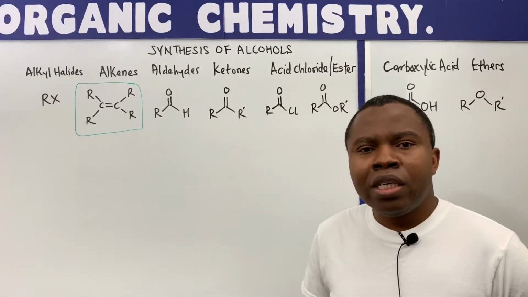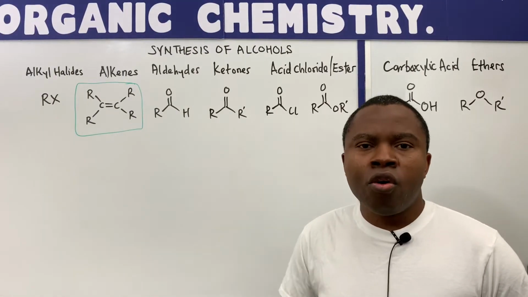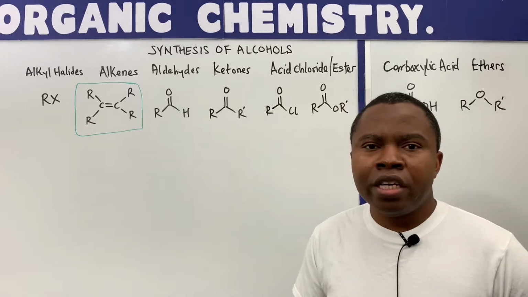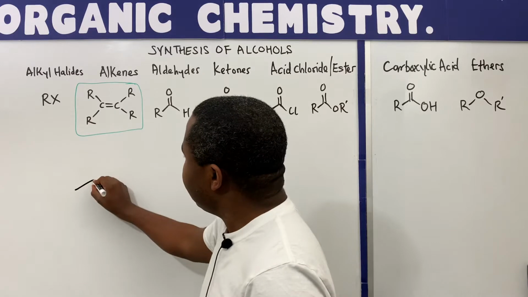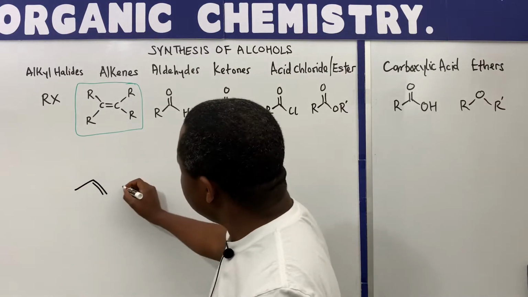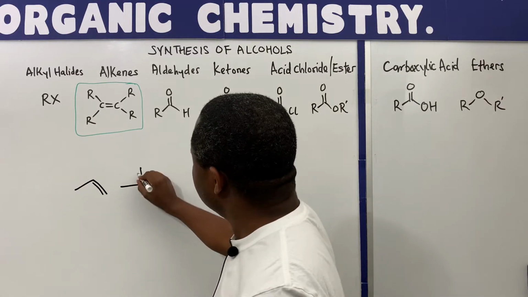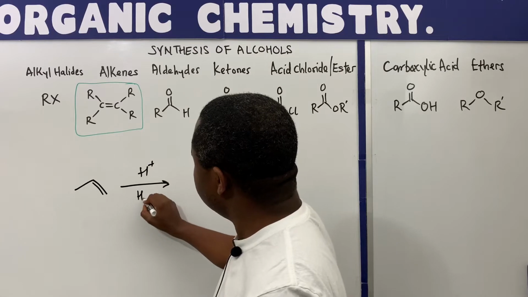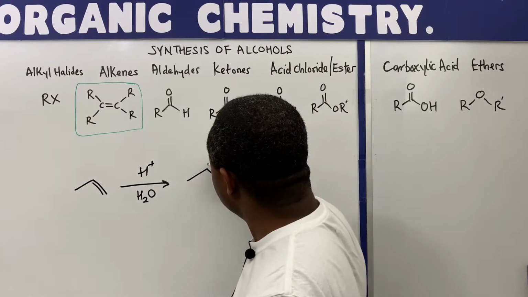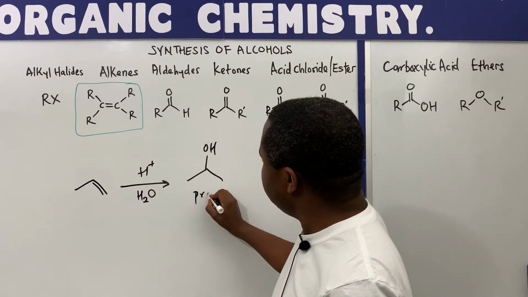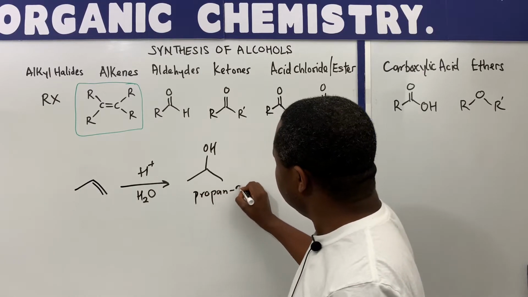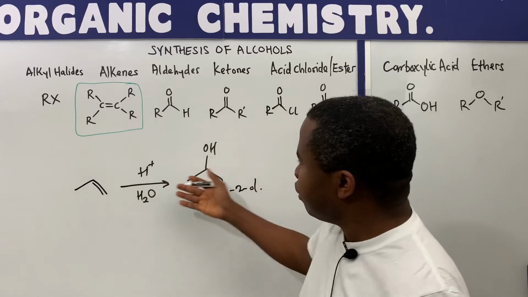The next method that we often use in the synthesis of alcohol is the addition reaction of alkenes. If we subject an alkene to an acid catalyzed hydration, as in this case, we're going to form an alcohol. In this case, we have propan-2-ol. And how does this happen?